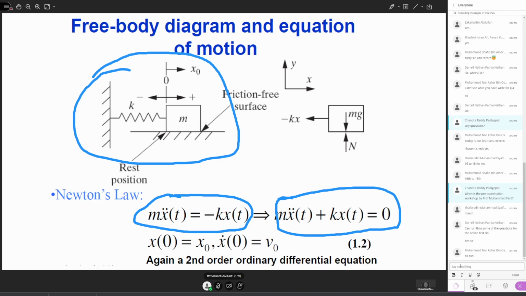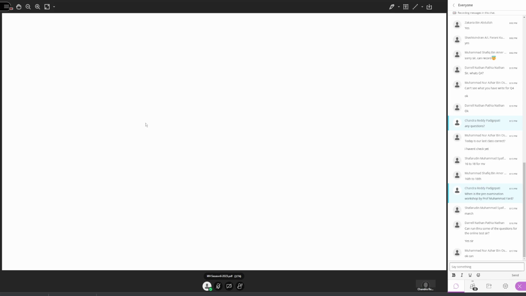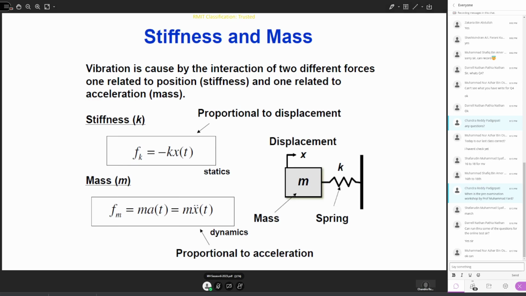So this is a second order differential equation because x double dot is the second order derivative. If you know the initial conditions, meaning the displacement when time is 0, let us say x naught, and the velocity when time t is 0 is v naught, we can look into the solution of this equation.